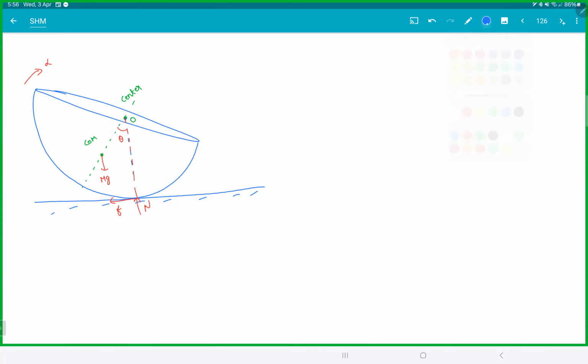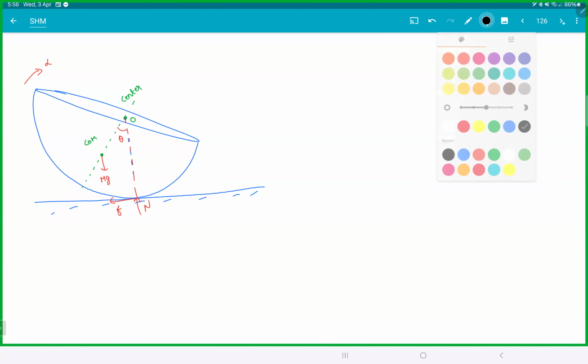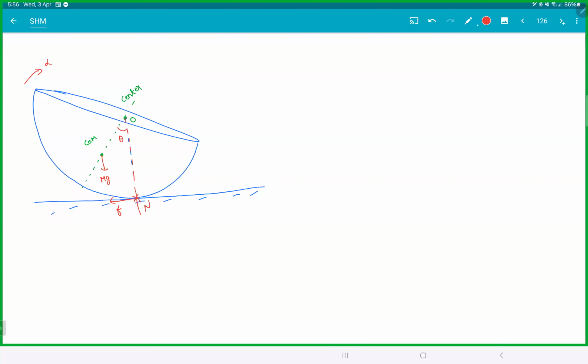See, we will take this point as A. So torque about A: the torque of N is 0, the torque of friction is 0. Only mg will be there. I'll draw one more diagram.